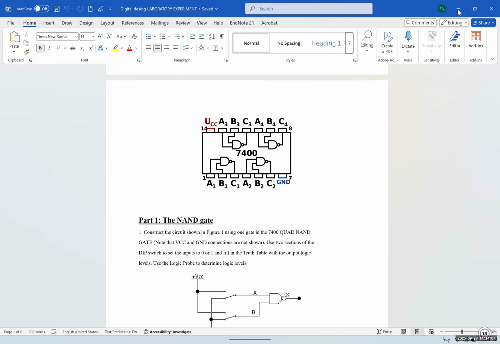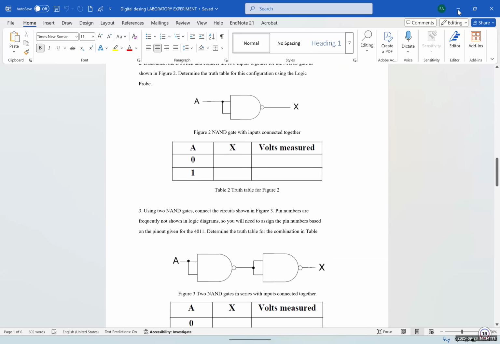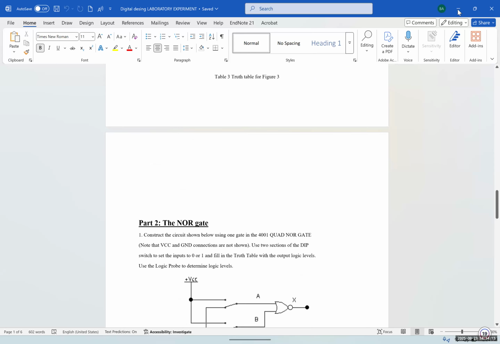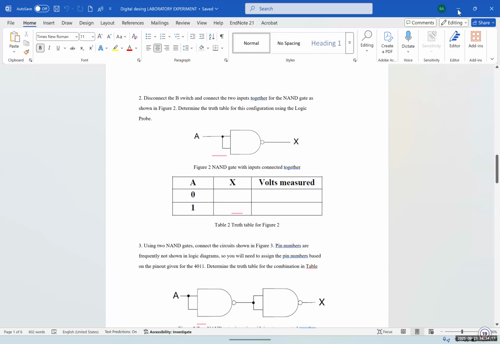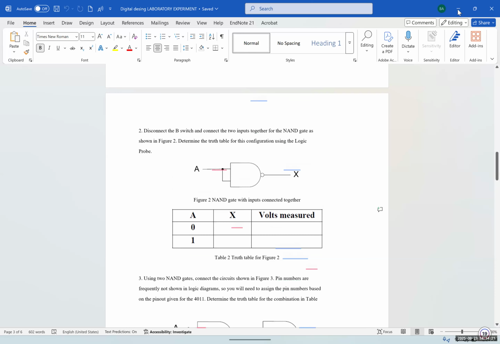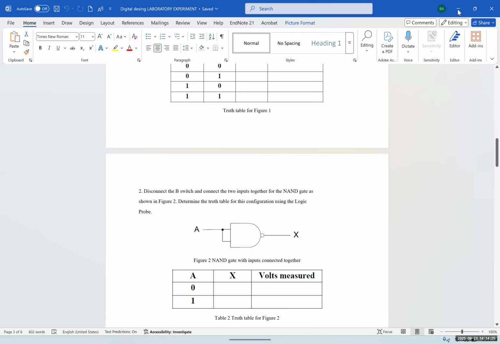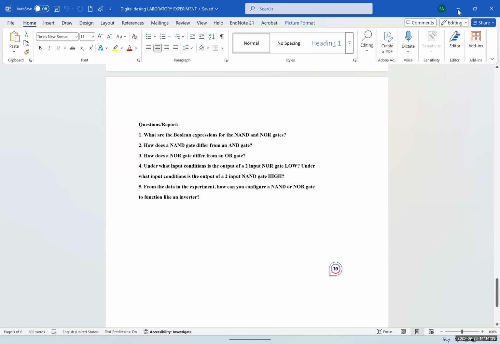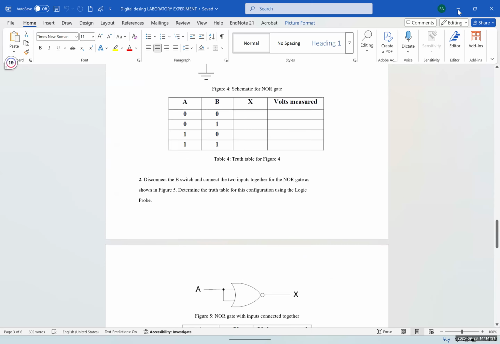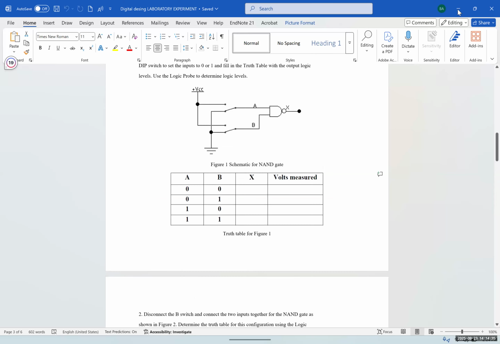I want you to go ahead and do part 1 of the lab manual for today and complete these tables and answer the questions at the end of the lab manual that are related to part 1. So for today, we're going to do part 1 of lab manual number 1.